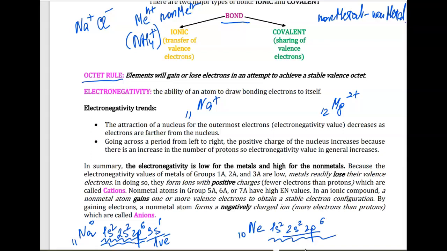The way to become more stable for sodium is to lose its valence electron. When it loses it, it becomes stable with an electron configuration with 10 electrons. That means that now it's not an atom, because an atom is neutral, and now it's positively charged. It becomes an ion, and positively charged ions are called cations. So this is the sodium cation.